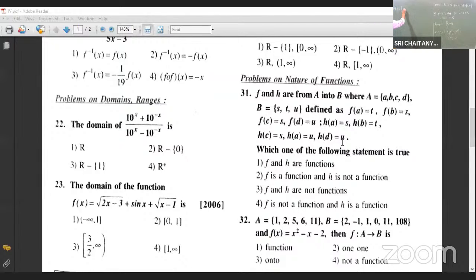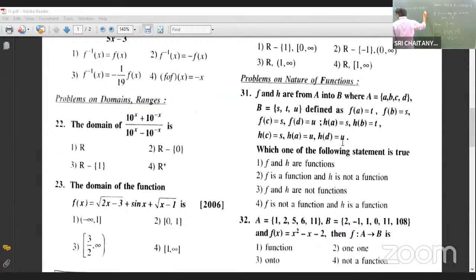F is equal to {(a, t), (b, s), (c, s), (d, u)}, meaning F of a is equal to t is given to you.